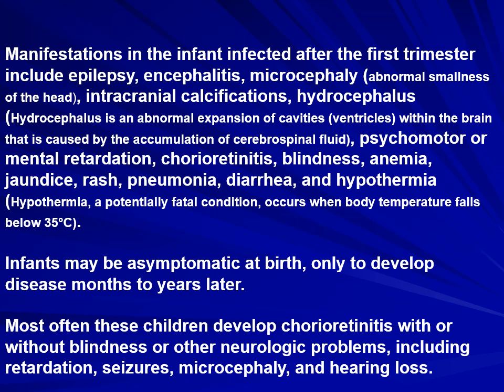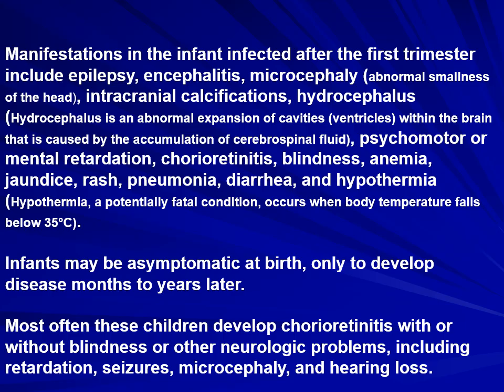Infants may be asymptomatic at birth, but only develop chorioretinitis mostly months to years later. That usually happens if a pregnant woman gets infected during the last weeks of pregnancy, and the parasite successfully crosses the placenta and goes to the retina of the patients.